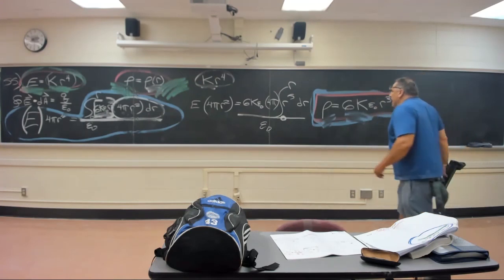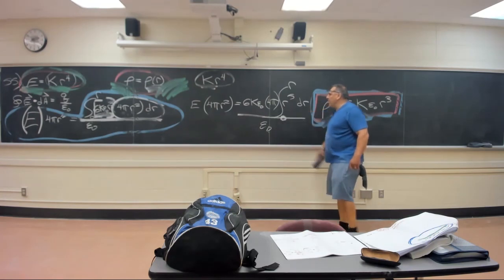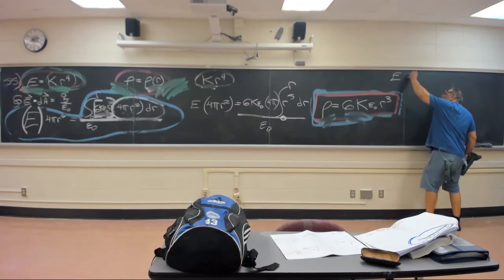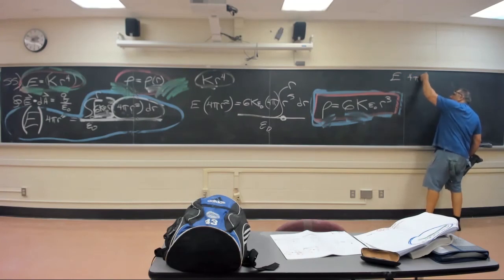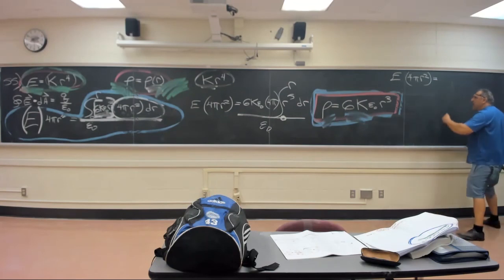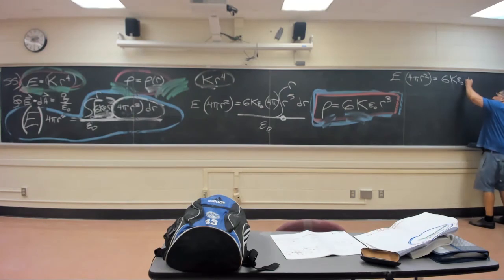Well, let's do this integral. You're going to get 1/6 r to the 6th. You're going to get 4 pi r squared times E equals 6k over epsilon naught times 4 pi.